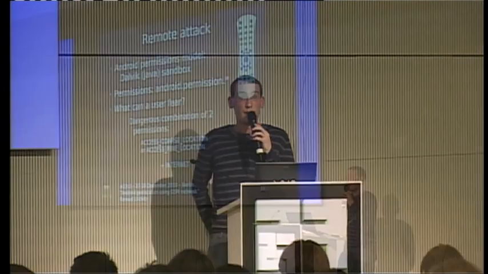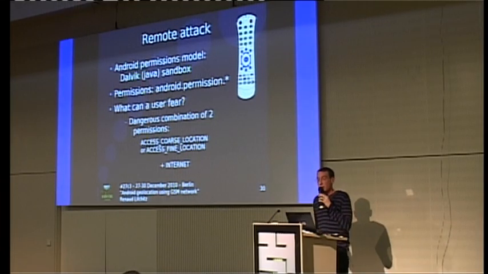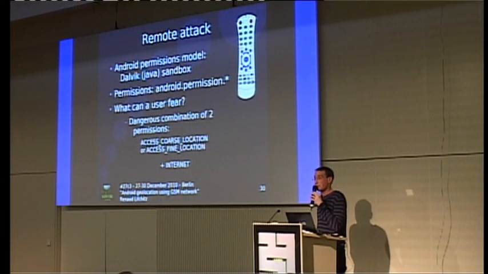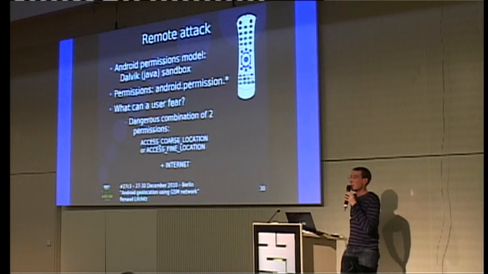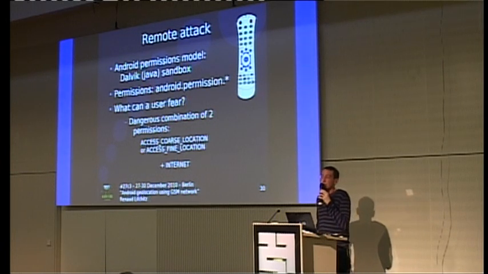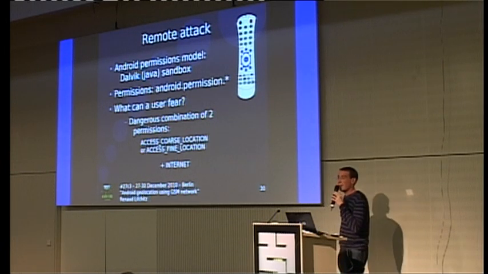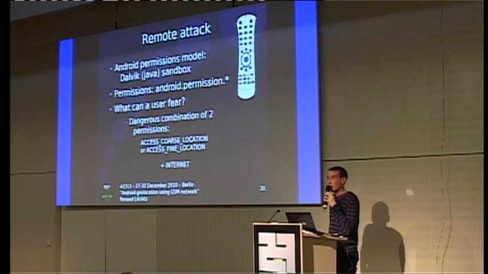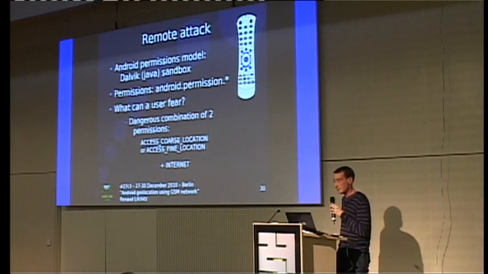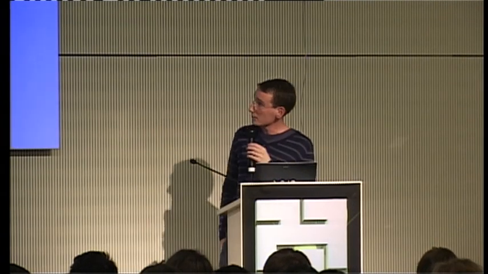In order to ensure that the application doesn't use any other permission, you have a Java sandbox, because Android applications are in Java, or a subset of Java which is called Dalvik, in fact. Permissions are listed in the android.permission package, so you have a bunch of permissions in the Android security model.